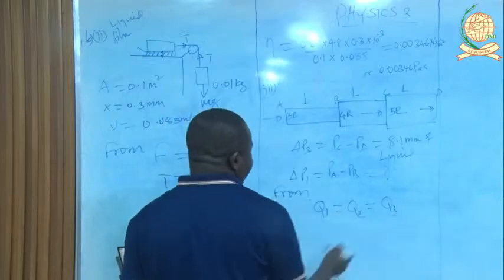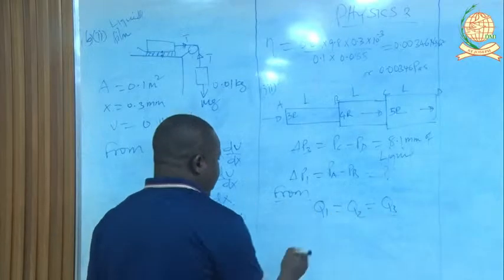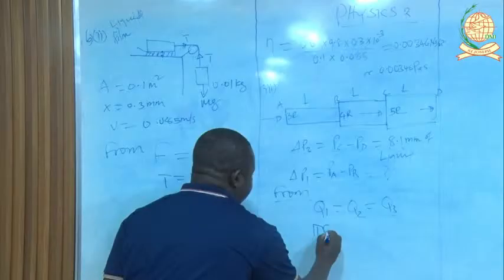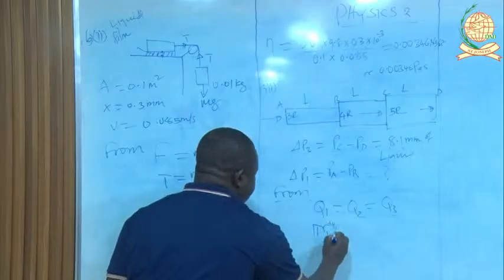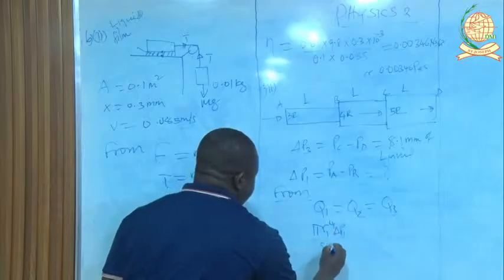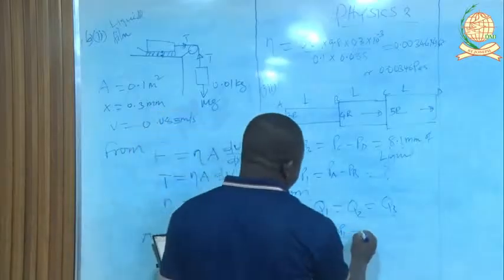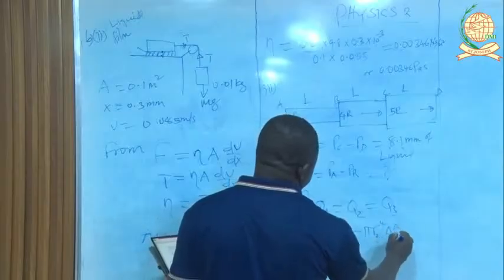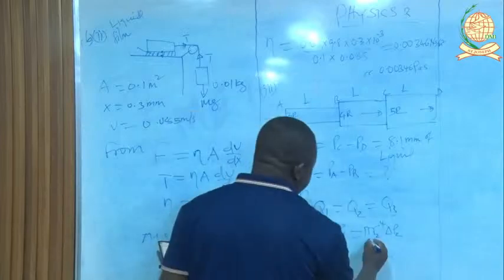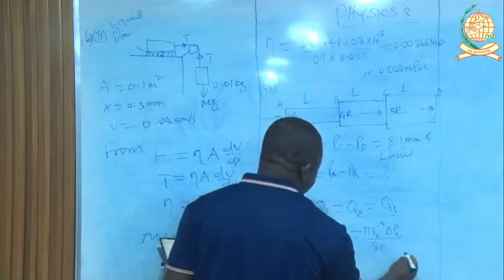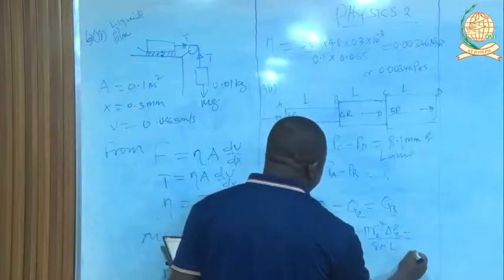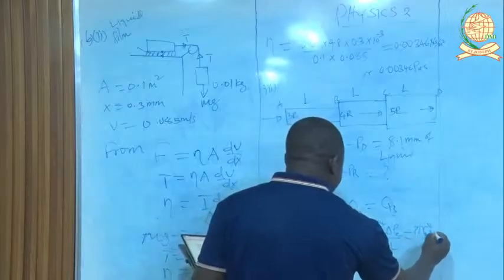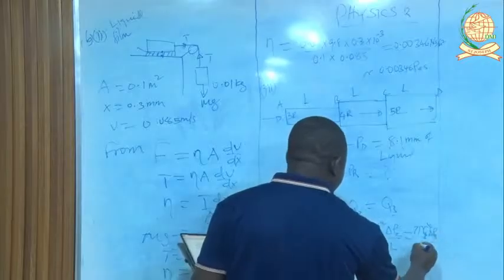Then pi r to the fourth times the change in pressure 1 divided by 8 eta L, length is the same, equals pi r2 to the fourth times the change in pressure across the second capillary divided by 8 viscosity coefficient times L, equals pi r3 to the fourth times the change in pressure 3 over 8 eta L.